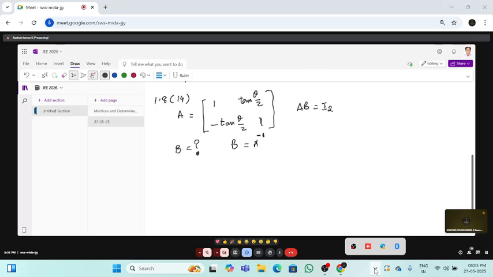One minute. I'm going to stop sharing and come back once again because there is some problem in my computer. I'm going to restart the sharing of this page. I think this is the OneNote part. So meanwhile, please keep doing this problem. Find out A inverse. Write it down in your notebook and keep working on this problem.